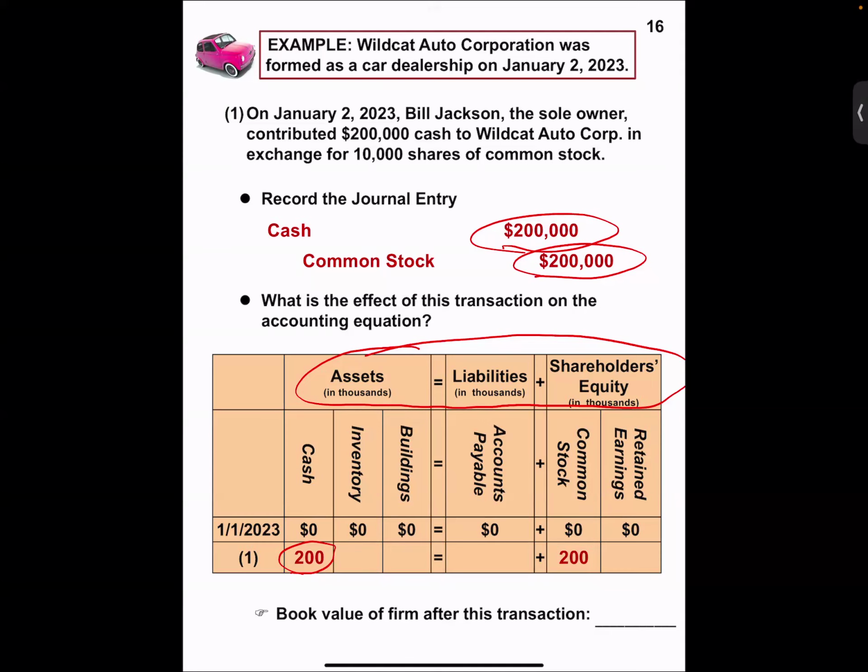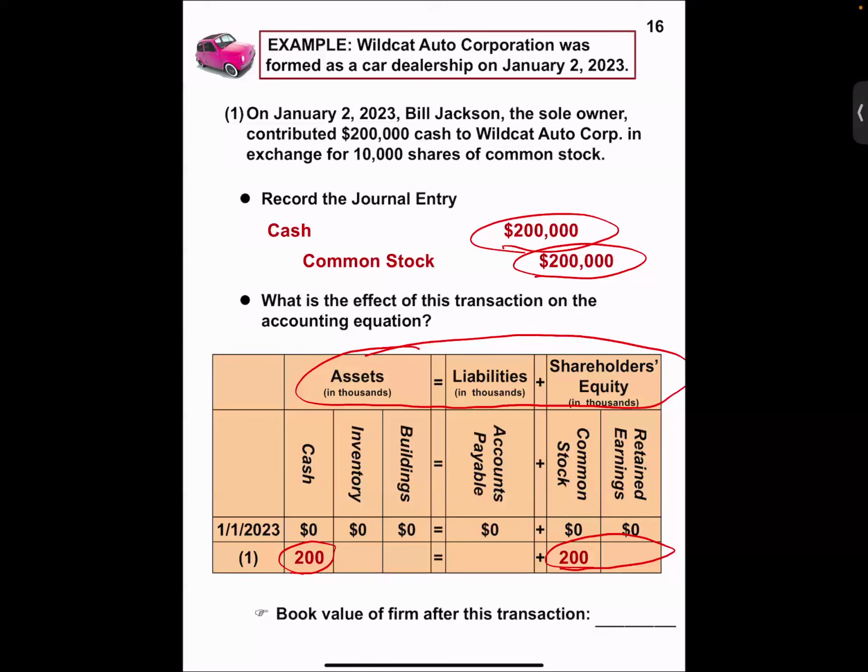A question we could ask here: what is the book value of the firm after this transaction? If you were to go back to slide 11, you'll see that we talked about book value as being equal to shareholders' equity. So right now, total shareholders' equity, these two numbers added together, would be $200,000. So the book value after this transaction is $200,000.